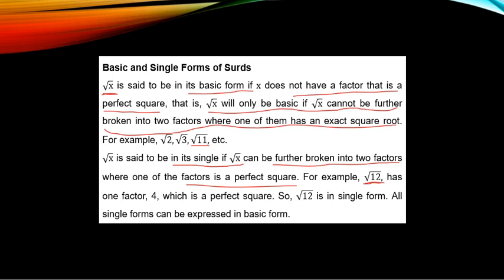So you can express 4 as a perfect square. For that reason, root 12 is in single form. So all single forms can be expressed in basic form. Summary: in basic form, you cannot express the number further than the way it is. In single form, you can express the number further because one of the factors is a perfect square. Alright?